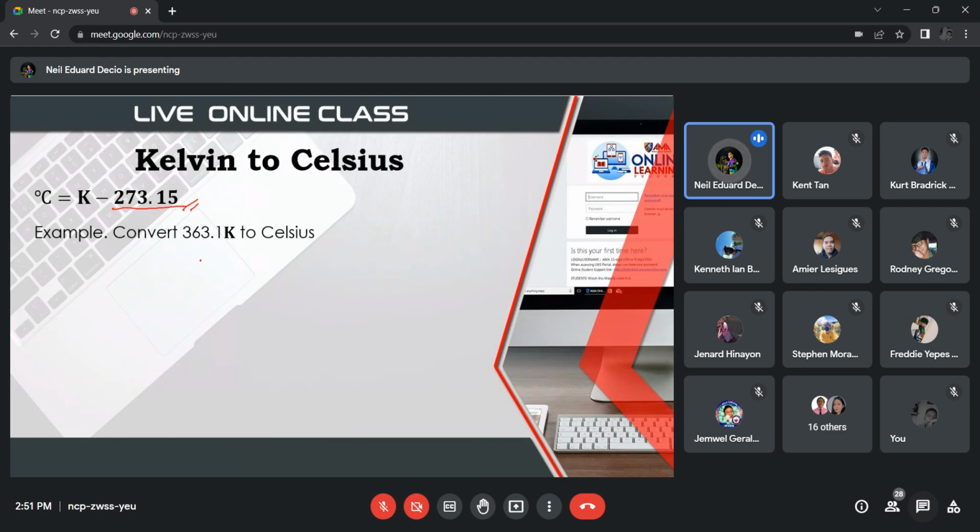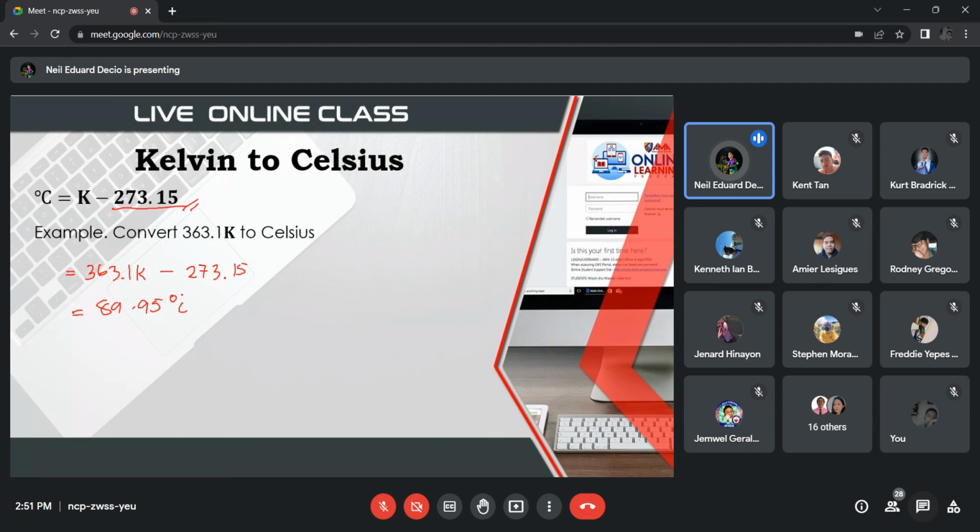If we're given 363.1 Kelvin, substitute lang natin yung 363.1 Kelvin, and subtract the number 273.15. 363.1 minus 273.15 is 89.95 degrees Celsius.